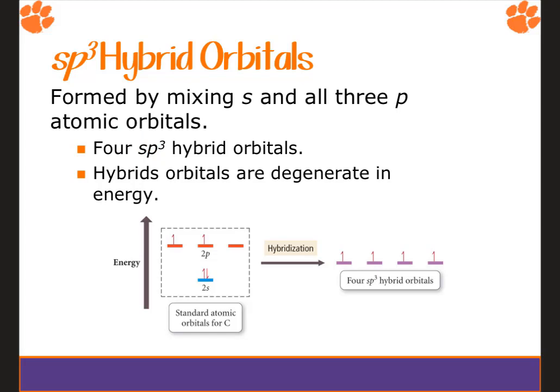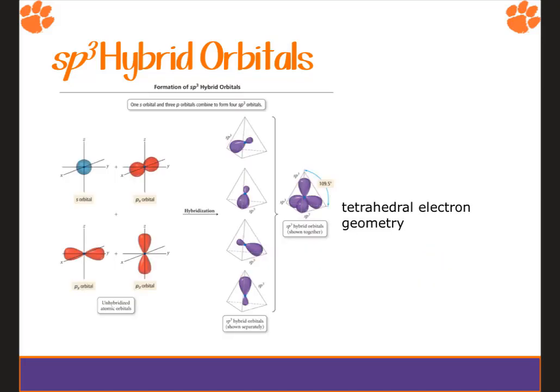So these hybrid orbitals, even though they come from the s and the p atomic orbitals, are all degenerate in energy. Degenerate means that they're all equal to each other in energy. So you make 4 sp3 hybrid orbitals that are all equal in energy, all on the same level.